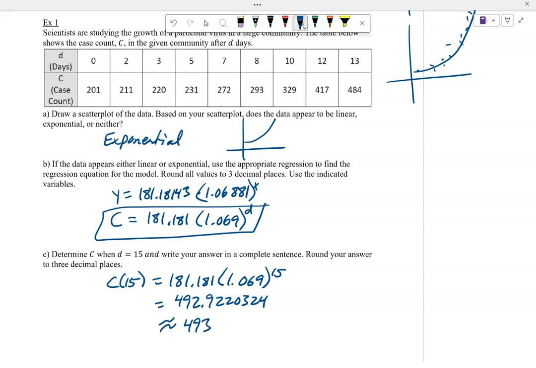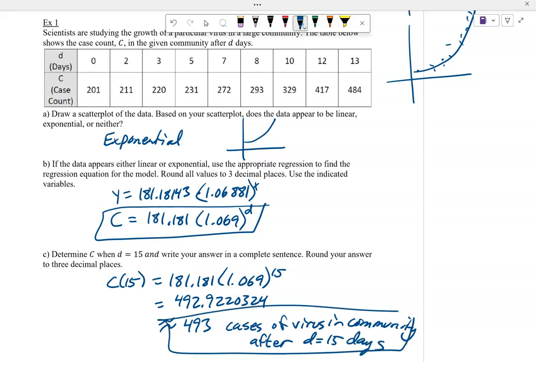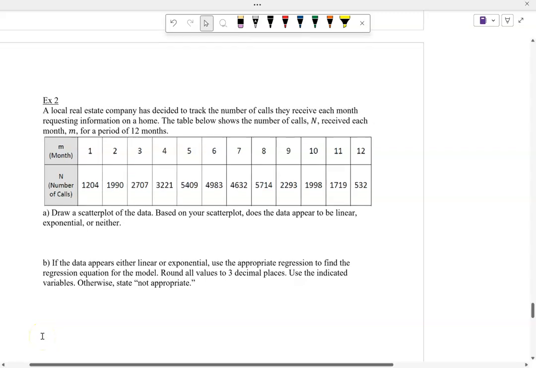So after 15 days, the case count of the virus is about 493 cases in the community after 15 days, right? That's what it's saying.